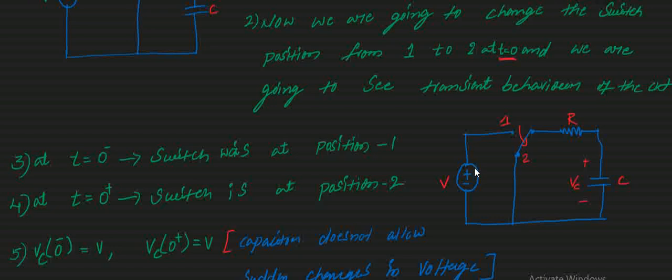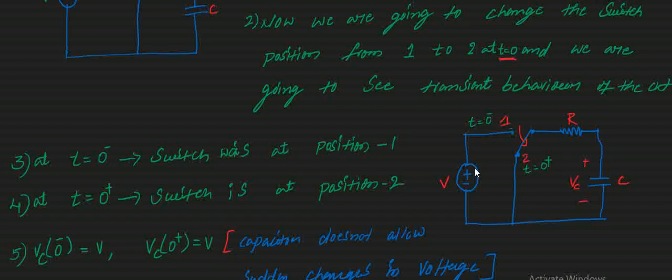So at t equal to 0 minus, the switch is at position 1, and at t equal to 0 plus, the switch is at position 2. The time difference between t equal to 0 minus and 0 plus is in microseconds. By moving the switch to position 2, the voltage source is disconnected from the circuit.